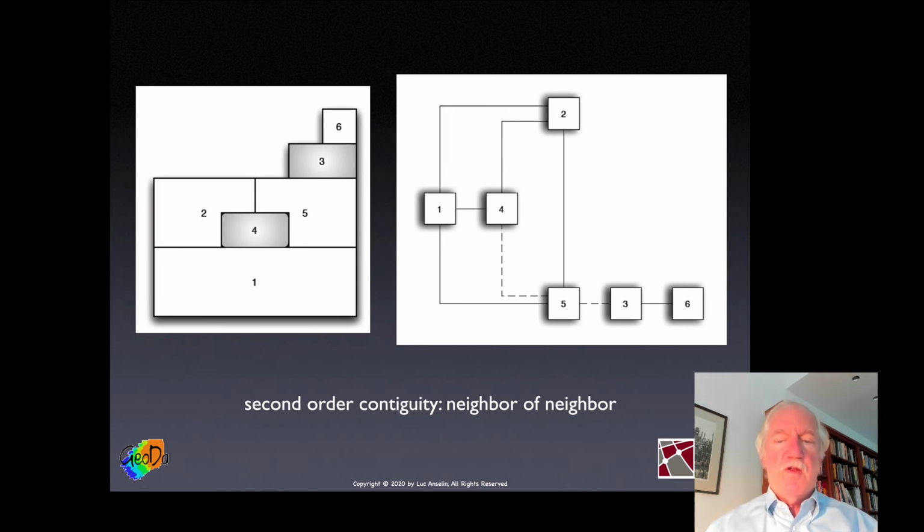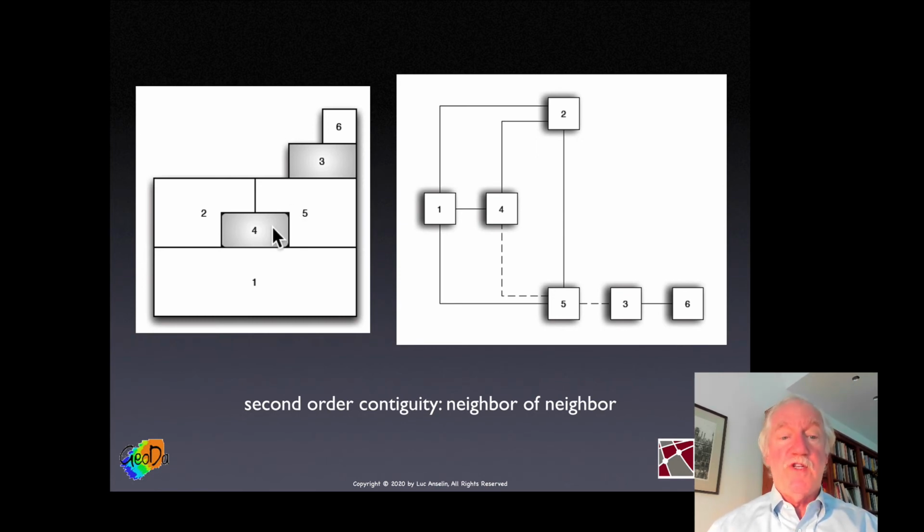Okay, let me show this. So first of all, the pure notion. Observation 3 is a first order neighbor of observation 5, which is a first order neighbor to observation 4.